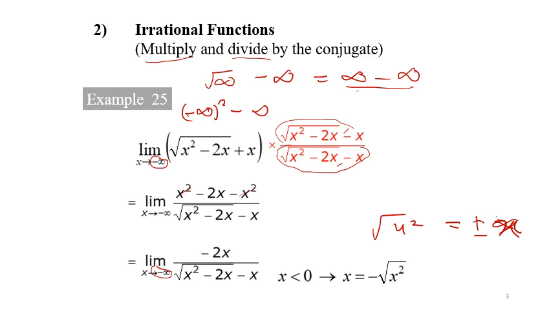So for x approach negative infinity, it will become negative x. But in the case here, they already moved the negative to outside the root. Okay, but it's actually the same case.